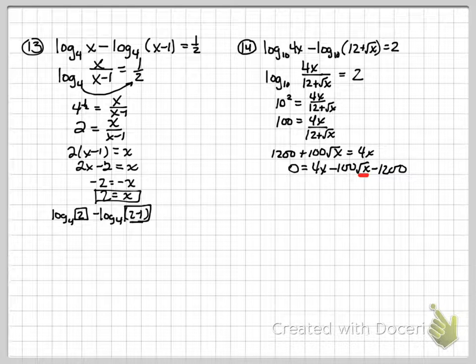So what I'm saying is the square root of x squared equals x. So I could rewrite this as 4 square root of x squared minus 100 square root of x minus 1200.